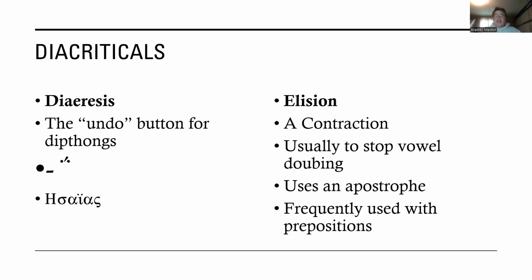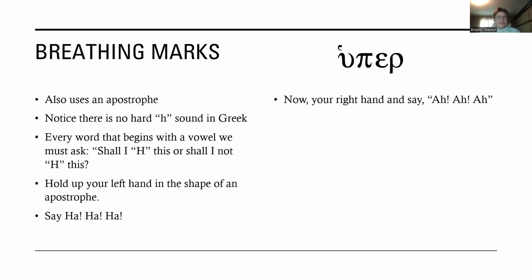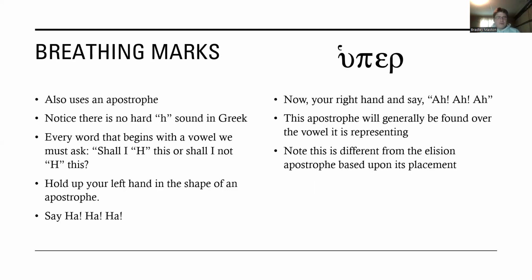It's a fun one to pull out at parties, but you won't have a lot of opportunity under any circumstance. So elision, you've learned about using an apostrophe to bring two words together, and now you've got the breathing mark, the ha ha ha or the ah ah ah. Very good. You're learning a lot. You're putting this all away, and I'm proud of you.